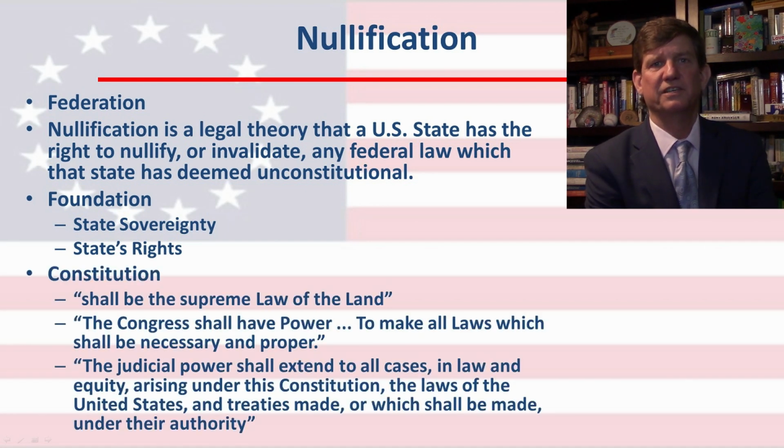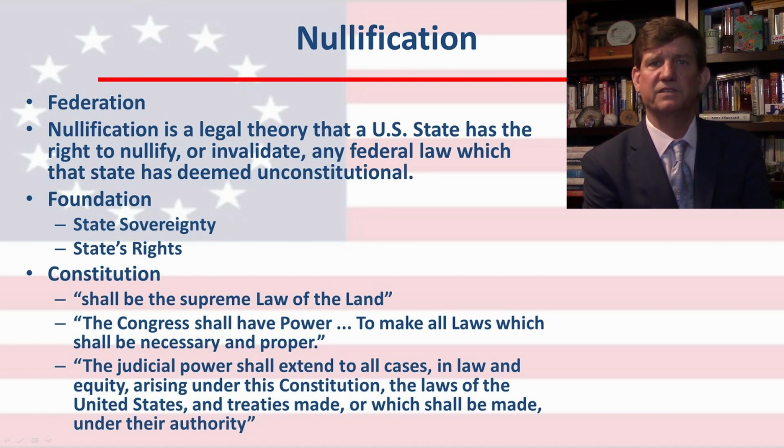The Constitution is pretty clear about federal authority, that laws made under the Constitution shall be the supreme law of the land. Supreme means top. It's the last say. That the Congress shall have the power to make all laws which shall be necessary and proper. This is right in line with what we've been talking about. Ideally, Congress should be limited. It should be judicious in how it exercises its power.